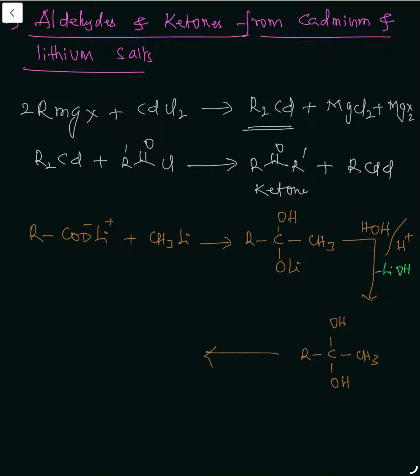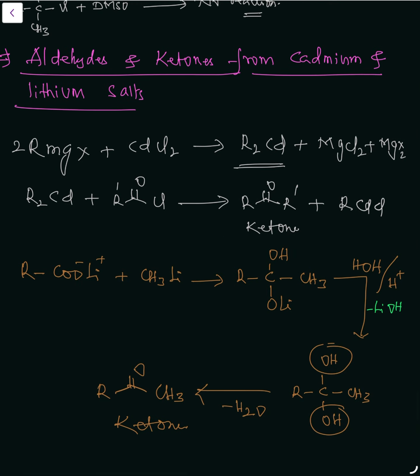Now from this, two OH groups are on the same carbon, so removal of H2O takes place, which leads to formation of ketones. So these are some methods of preparation of carbonyl compounds, aldehydes and ketones. Now aromatic aldehydes and ketones also we can prepare, that also we'll discuss.